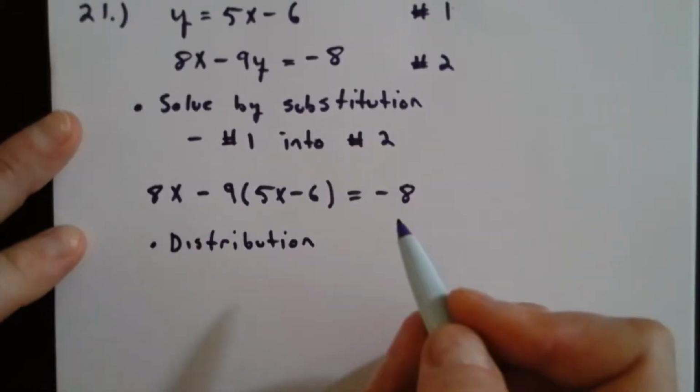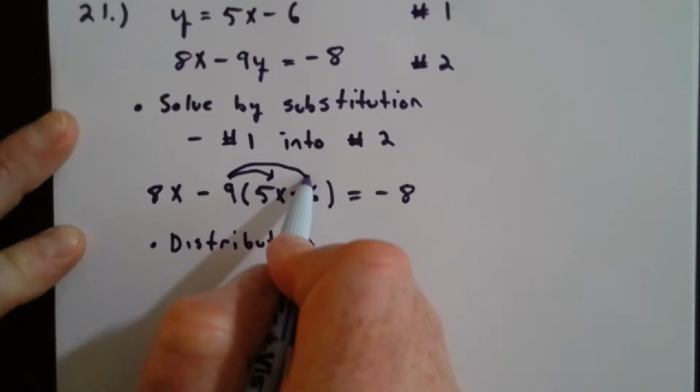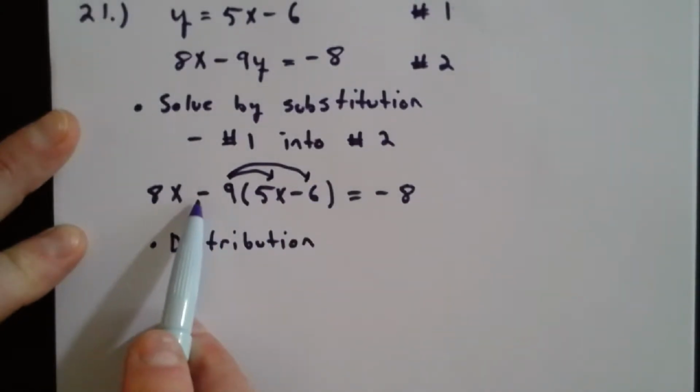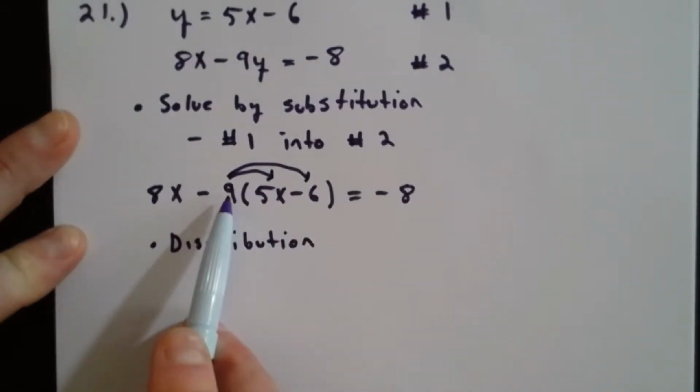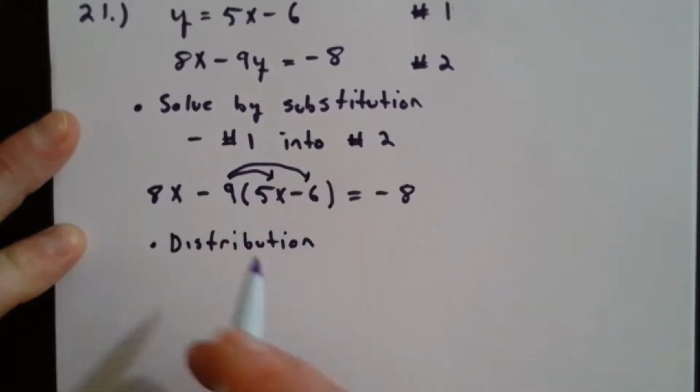We need to perform distribution. Let's be aware that we have a negative 9 that we have to carry through, that negative sign.